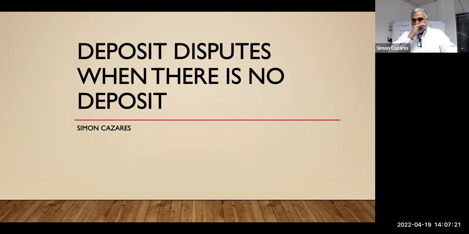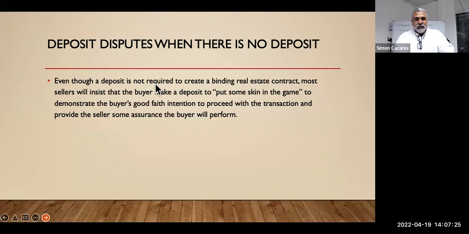So, deposit disputes when there is no deposit in place. Disputes, even though a deposit is not required to create a binding real estate contract. Interesting, right? We're always under the impression that there must be a deposit in escrow for this to be valid.